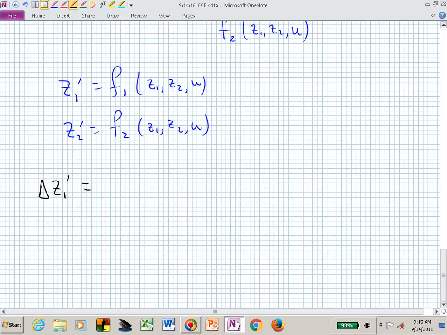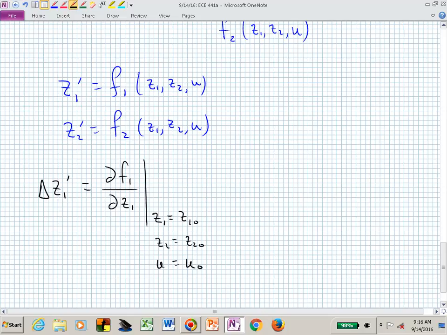That's now going to be all of these partials of f1. So we now have the partial of f1 with respect to z1 evaluated at z1 equal to z1 naught, z sub 2 equal to z2 naught, and u equal to u naught.